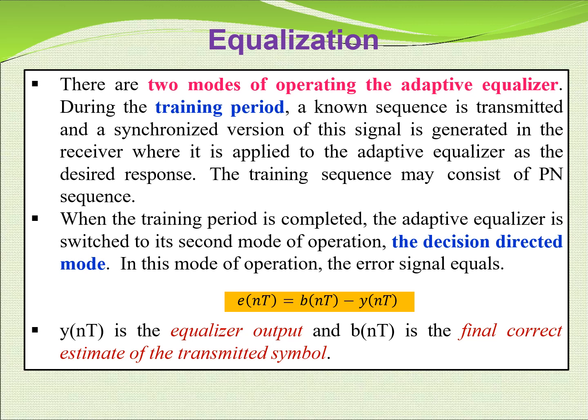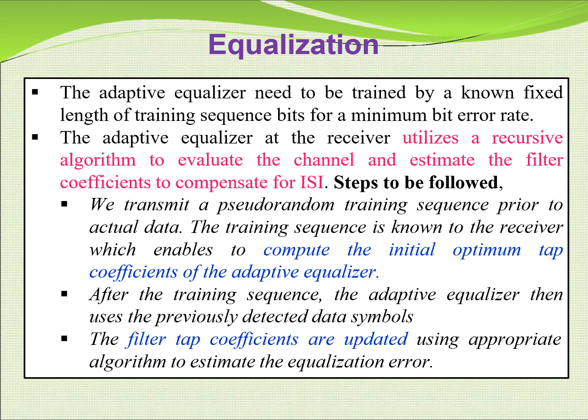When the training period is completed, the adaptive equalizer switches to its second mode of operation, the decision directed mode. In this mode of operation, the error signal is e(nT) = d(nT) - y(nT). So the adaptive equalizer needs to be trained by a known fixed length training sequence of bits for a minimum bit error rate.